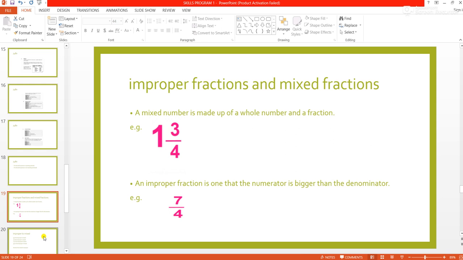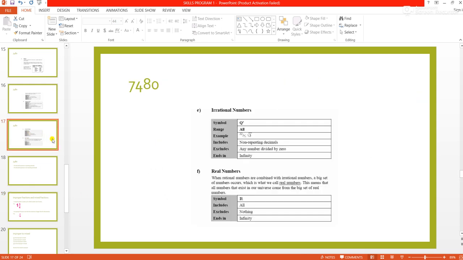I think I've highlighted that in slide 19. It's more of an improper fraction where the numerator is bigger than the denominator. So in an irrational number, your numerator is bigger than the denominator. So that is more of your irrational number.